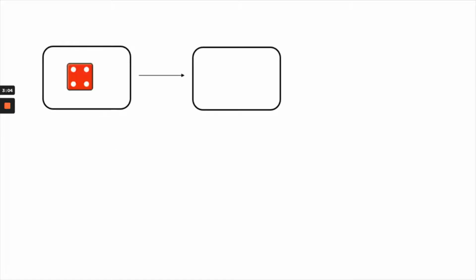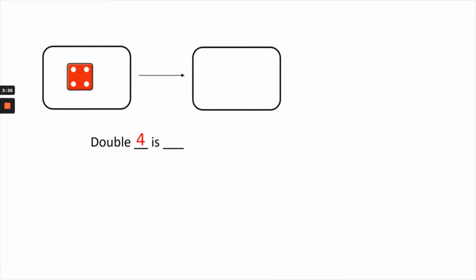Let's try another one. What number does our dice represent? 4. Well done. So we are doubling 4. So double 4 is, what do you think we will see in our next box? How many dice will be in the box? And what number will the dice represent?